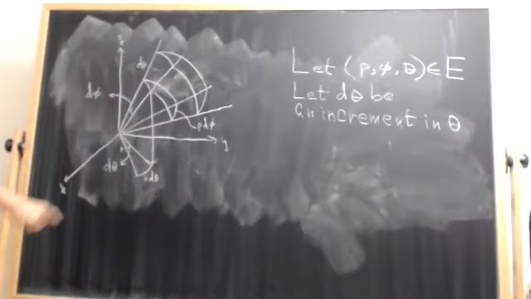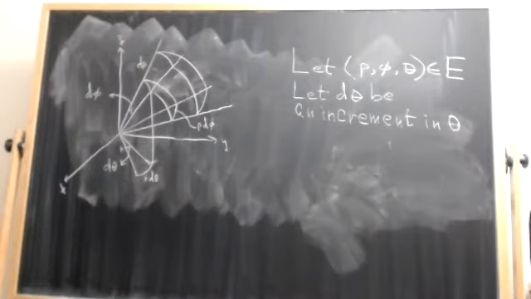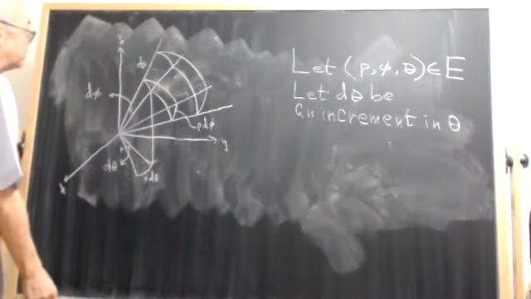Now, keep in mind that we don't like R, right? We don't want R in our spherical coordinates. So this means what?